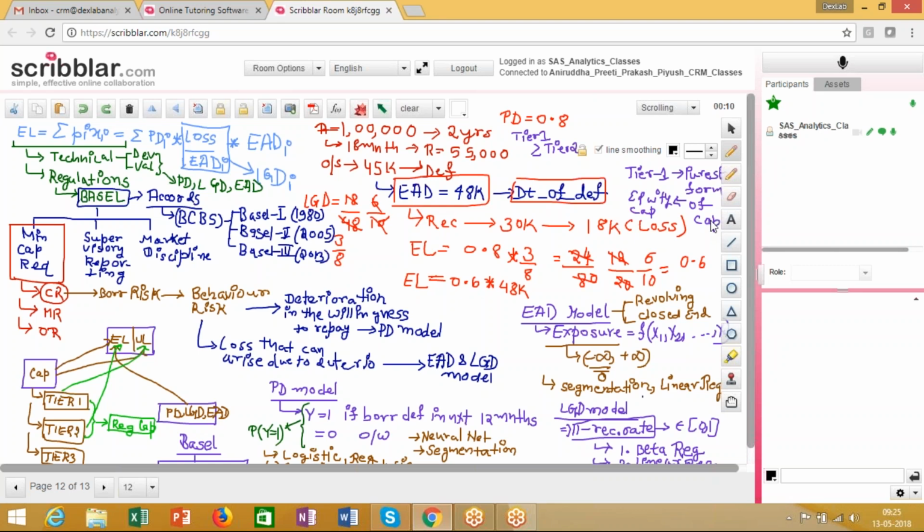The expected loss and provisioning for loans, they go under capital tier 2. But since tier 2 capital is a predicted capital, it is also subject to the judgment of the management. Therefore, the regulators have imposed a condition that the tier 1 capital has to be greater than or equal to the tier 2 capital.